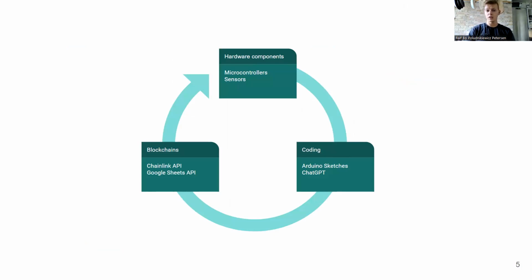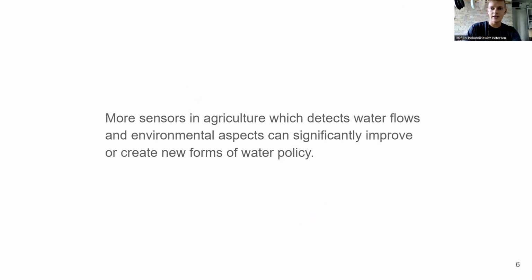I learned a bit of coding, Arduino, sketches. I learned a little bit about ChatGPT as well. And then I also want to make sure I learn about blockchains. How do you put something on a Google Sheets that turns it into an API that can connect with Chainlink, for example? And it turns out that, as I mentioned before, you need more sensors in agriculture.